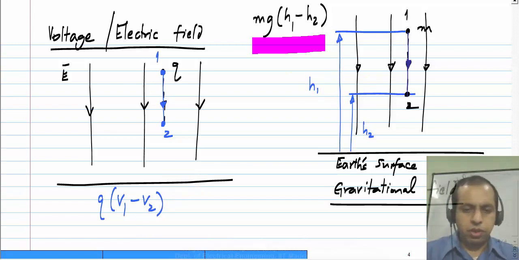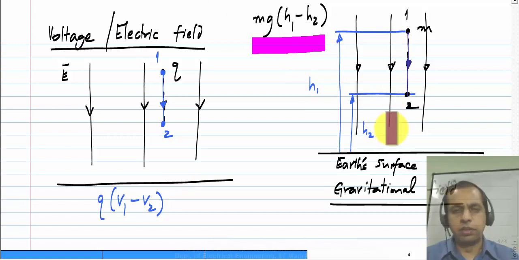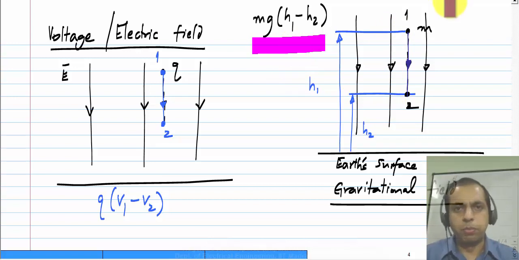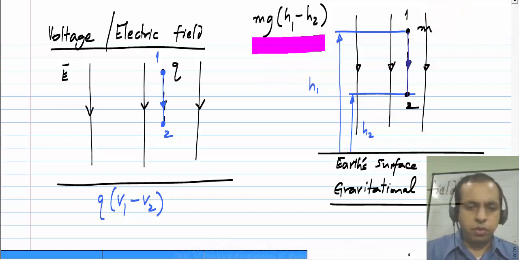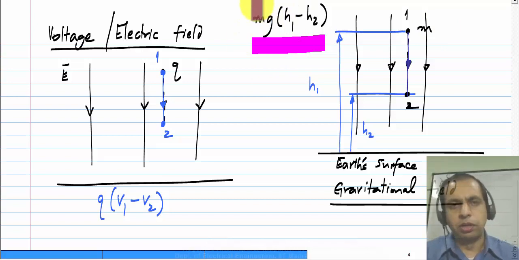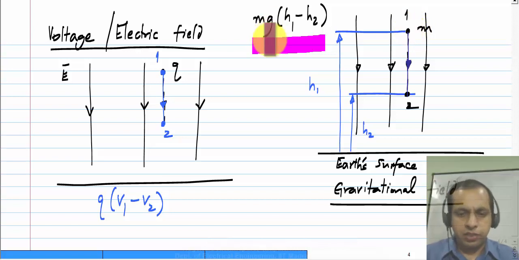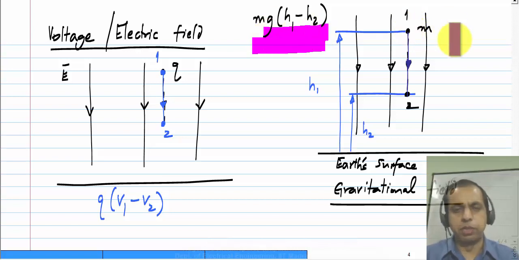So now, instead of dealing with the gravitational field directly, what can be done is to deal with the gravitational potentials. Now you know that the energy gained is proportional to the mass itself, and mass is the property of the object that is placed in the field. Okay, whereas this part of it, g times (h1 - h2), that's a property of the field itself.